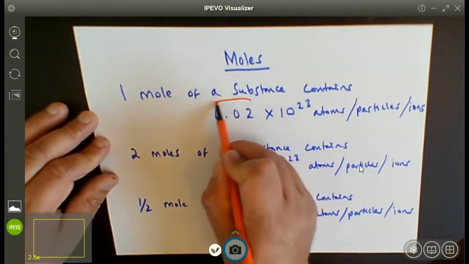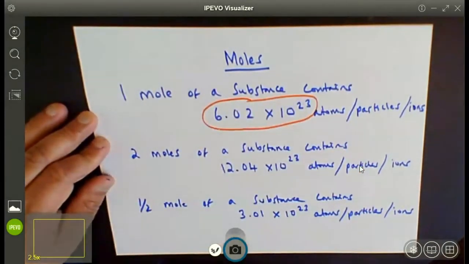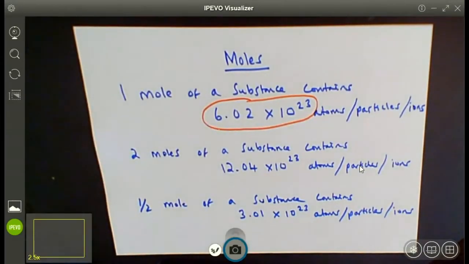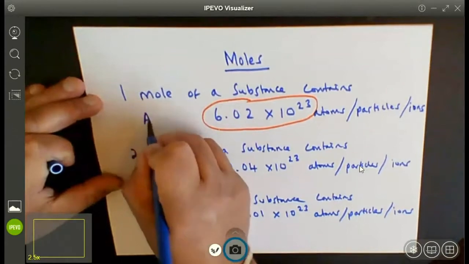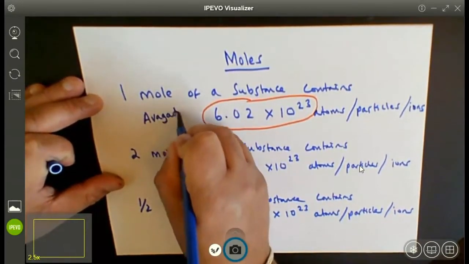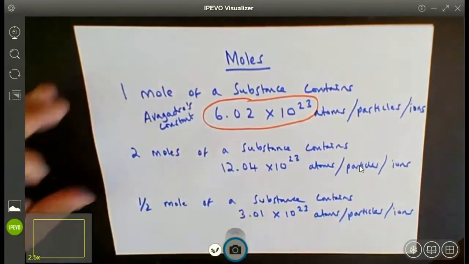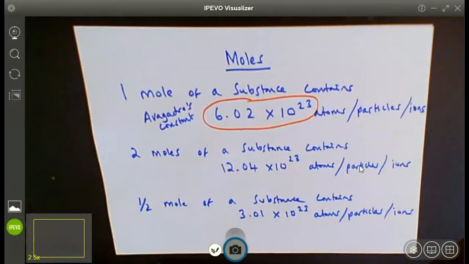Now this number, 6.02 times 10 to the 23, is referred to as Avogadro's constant, and you may have heard of this before. Really, really important this number is.